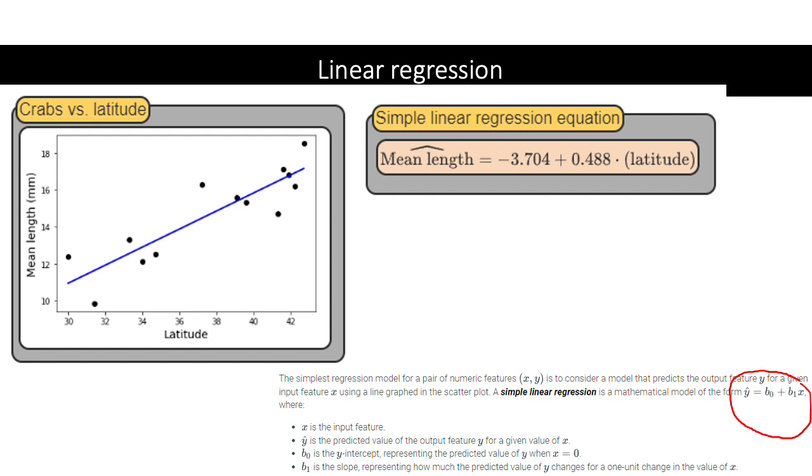And then on the other hand, we have least squares regression, which is a broader concept that refers to the method that we use to estimate these coefficients, or parameters, in the simple linear regression equation, which are b0 and b1.